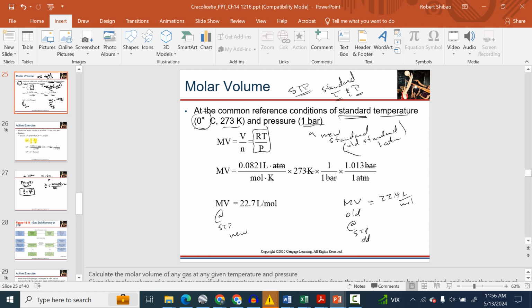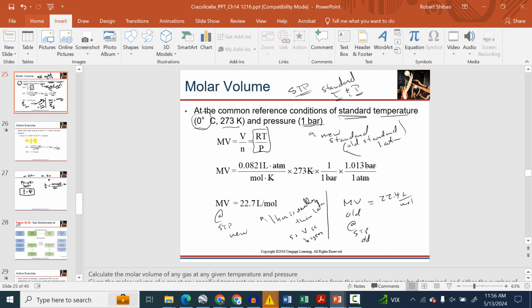So 1 bar is a little bit lower pressure. A little bit lower pressure is a bigger volume. So the volume grows bigger at lower pressure.